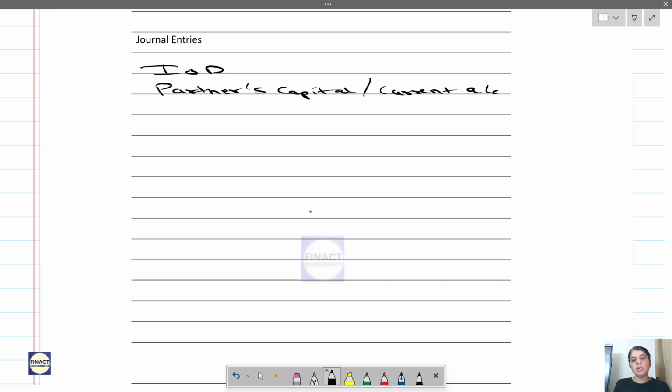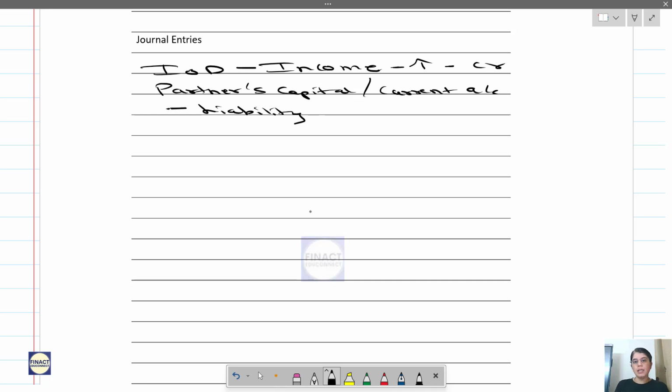Now interest on drawings is like an income for the firm. So the interest on drawings balance is increasing, so we have to credit it. Now we have to recover this interest on drawings from the partners' capital and current account. This is an internal liability, so for the purpose of the debit credit rule, it's a liability.